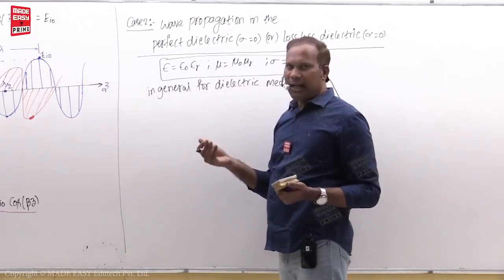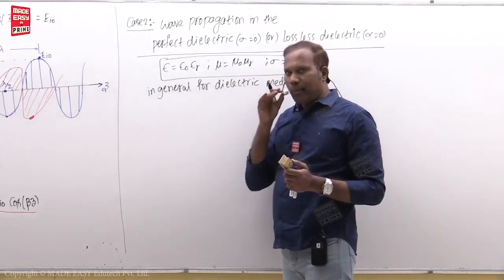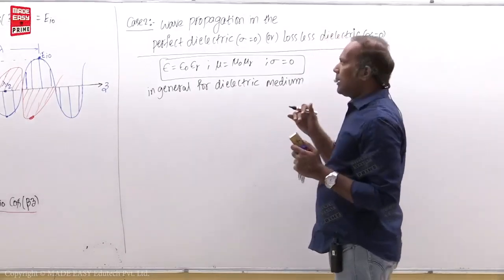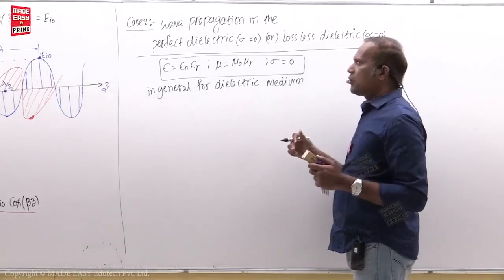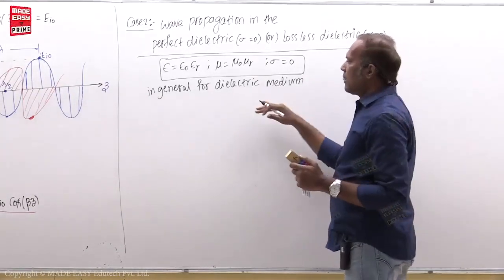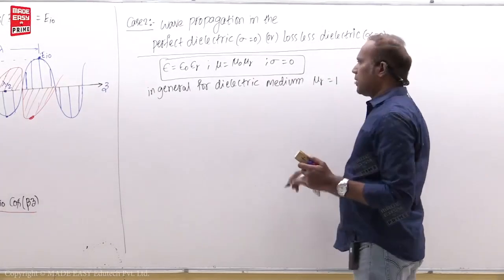That is why for dielectric medium, mu r is equal to 1. So for magnetic medium, mu r is greater than 1. But for dielectric medium, dielectric material is not a magnetic material. So that is why mu r is equal to 1. So in general, for dielectric medium, mu r is equal to 1, dear students.